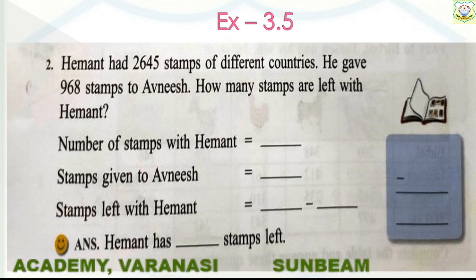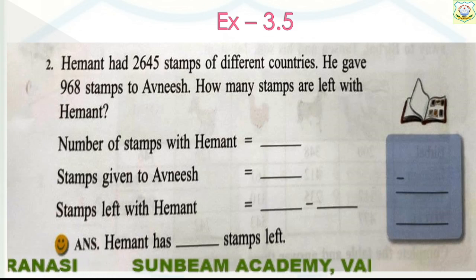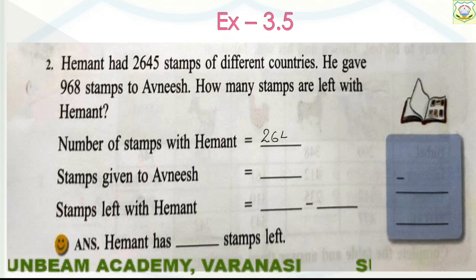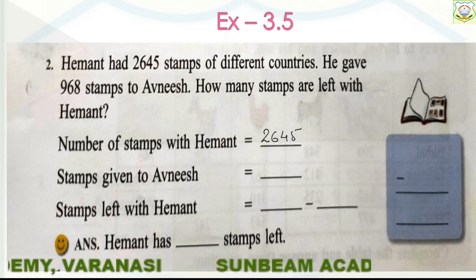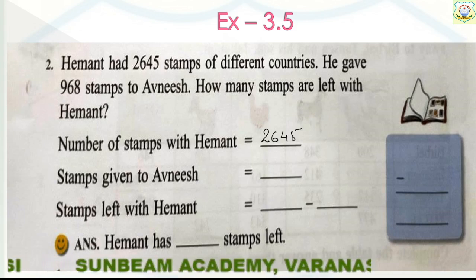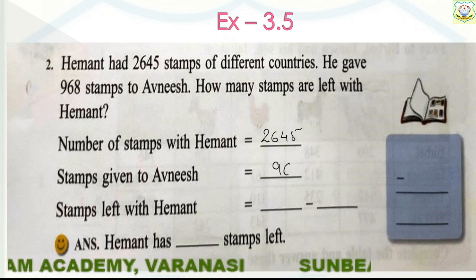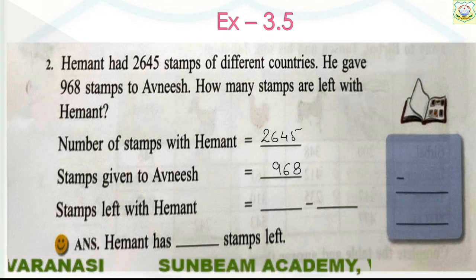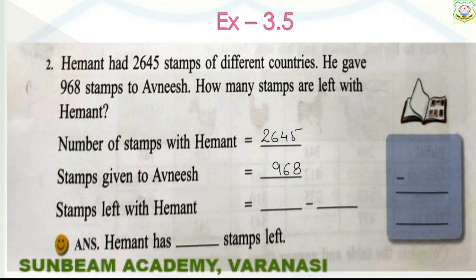First of all, we will write here number of stamps with Hemant. How much? 2645. Stamps given to Avanish. How many stamps given to Avanish? Avanish has 968 stamps, right? So now next is stamps left with Hemant. So what we have to do?